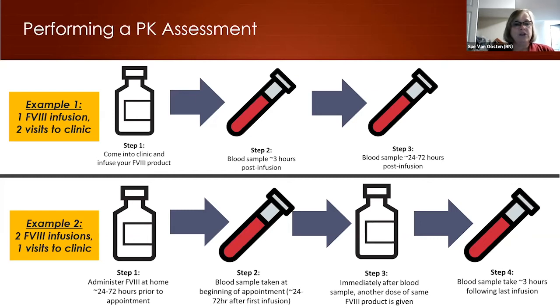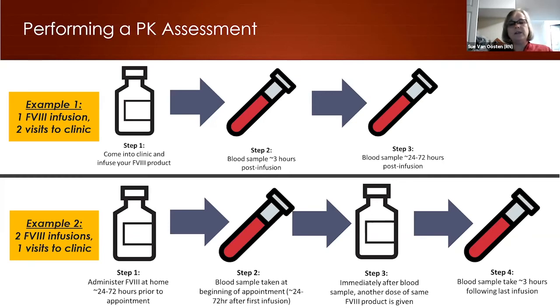The other way to do it is if you have given your product 2 days or 3 days prior to coming to clinic, then we can do that sample as soon as you get to clinic, and then you infuse as soon as you get to clinic, and then you take the blood sample a few hours later at the 3-hour mark. So then again, we can have 3 blood samples that we can use to put on that curve.